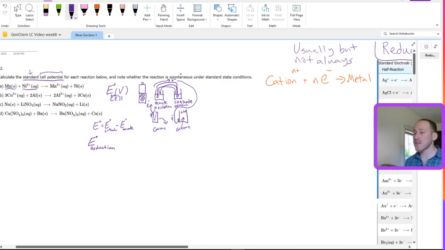And then to determine if it's spontaneous, long short, if this is positive, then it's spontaneous. There's potential for those electrons to move and do the reaction as it is written.